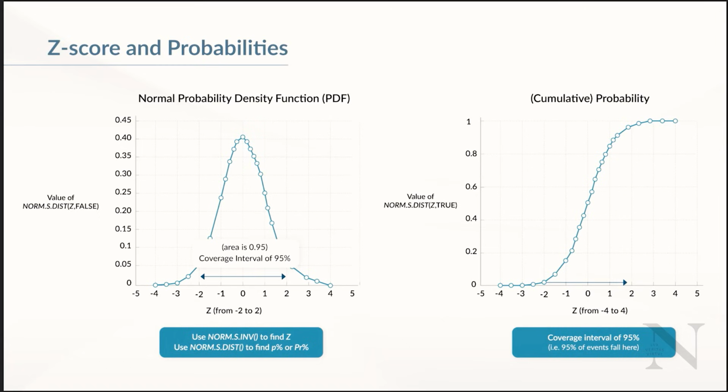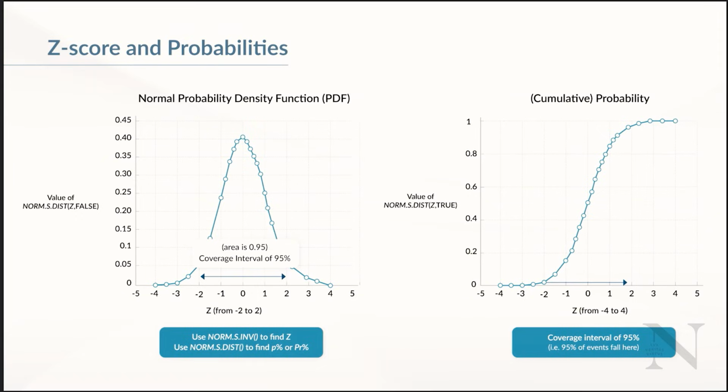You can do this using lookup tables or more easily the built-in normal distribution functions in Excel. The key idea: any probability interval can be expressed as the product of z times the standard deviation around the mean. This is the bridge between raw data, probability, and confidence intervals.